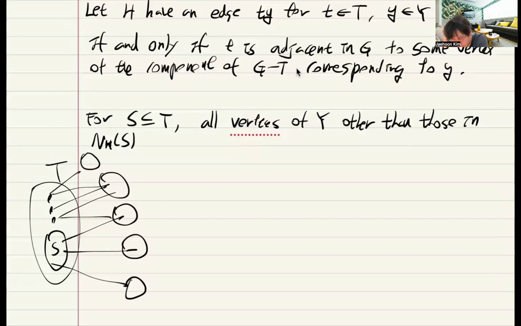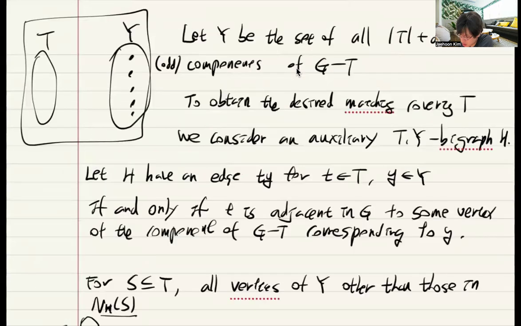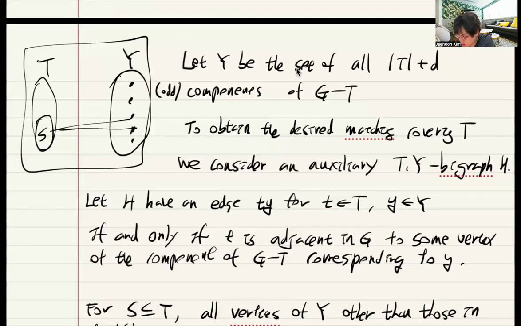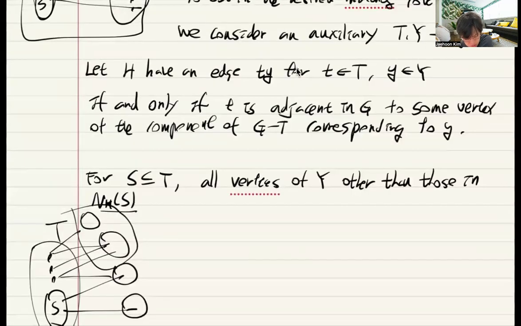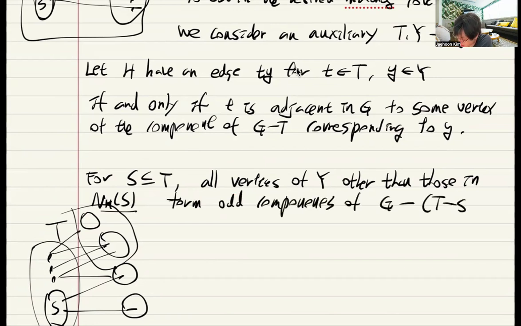Then what happens? If we delete T, then these are odd components, and this actually merges with S, right? So all the vertices in Y other than those in the neighborhood of S correspond to these odd components. They form odd components of G minus T minus S.